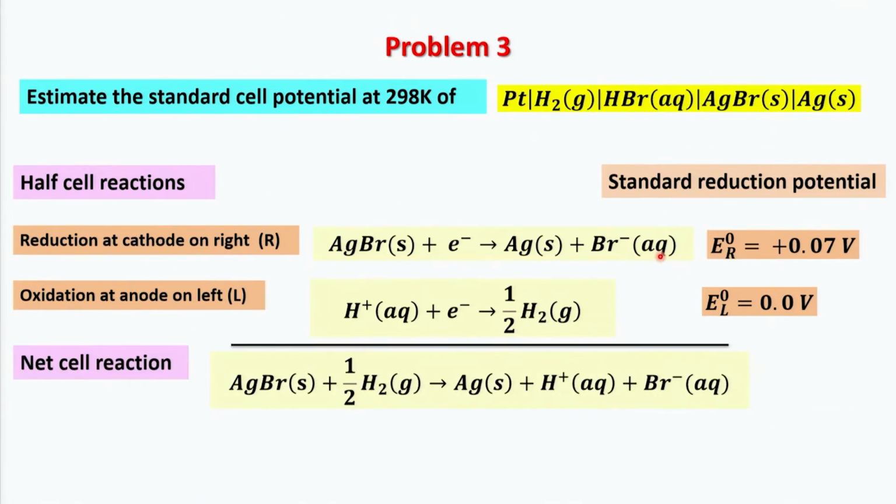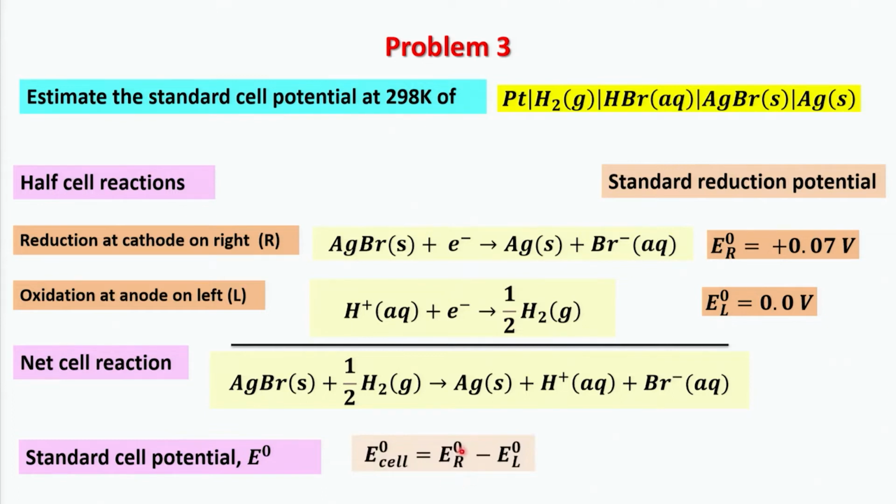Moving ahead, I should be able to write down the standard cell potential E naught as E naught R minus E naught L. The silver bromide and silver solid redox couple has a higher standard reduction potential, telling us that it can be placed at the cathode, and the hydrogen gas electrode can be placed at the anode for a spontaneous flow of current in the external circuit.